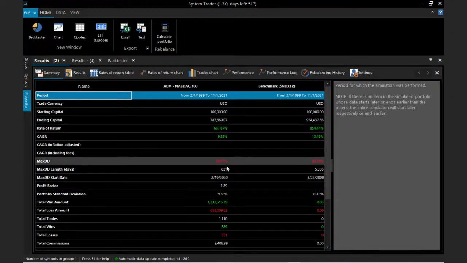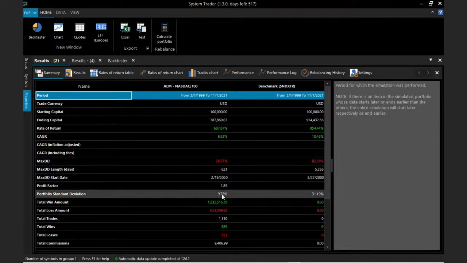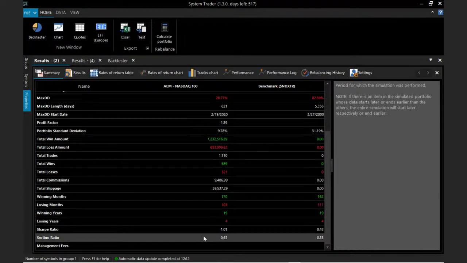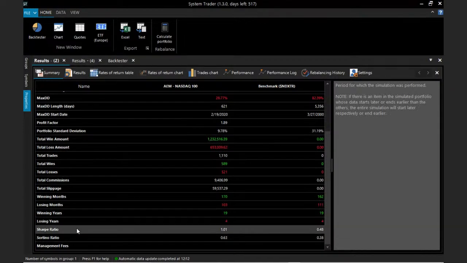But look here, the maximum drawdown is below 30% now, whereas on the index it was over 80%. And also the volatility, the portfolio standard deviation, which is the standard deviation of the annual returns, shows how volatile the portfolio is: it's below 10%, whereas the index itself is over 30%. So as you can see, the risk-adjusted return, for example the Sharpe ratio here, is over 1, whereas for the index it is 0.48.